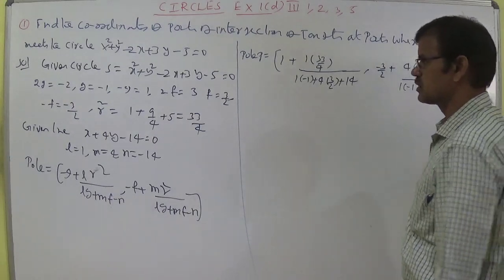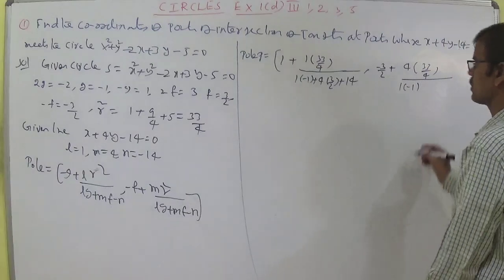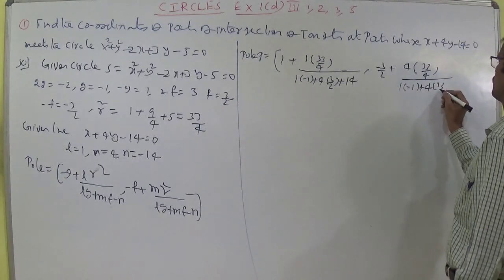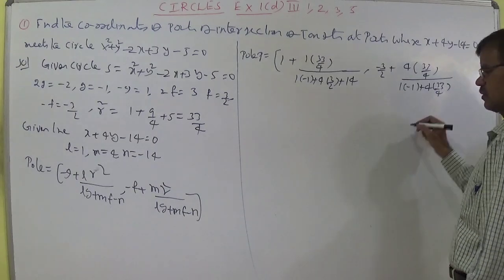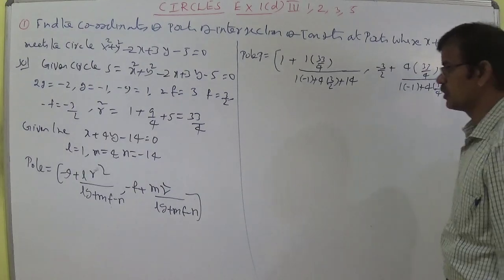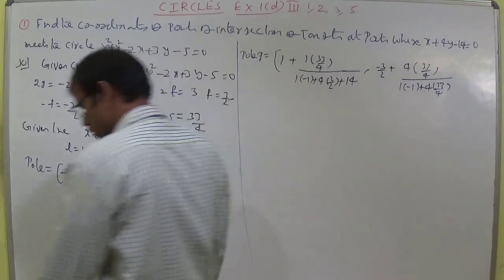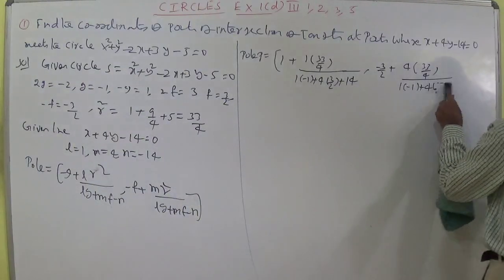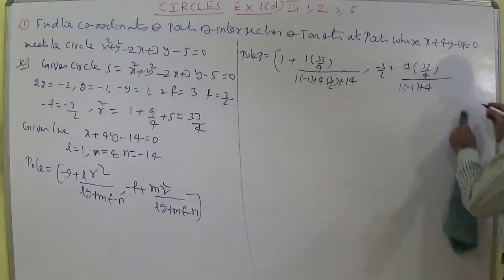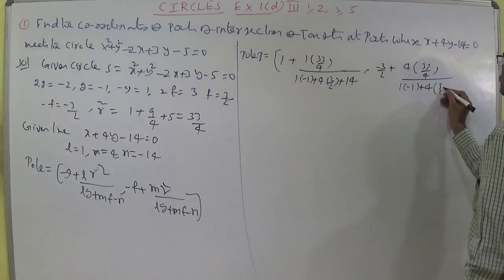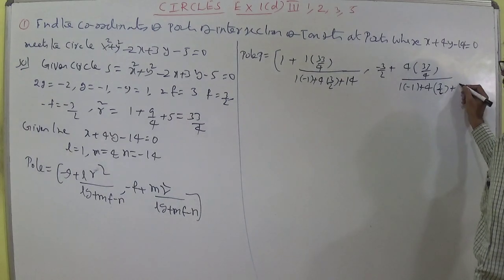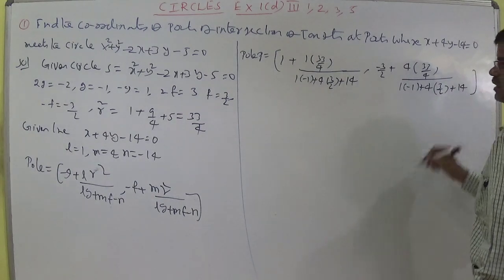This one you can write 1 into minus 1, plus M is 4 into f value 3 by 2, 4 into 3 by 2, plus 14, that is the n value.